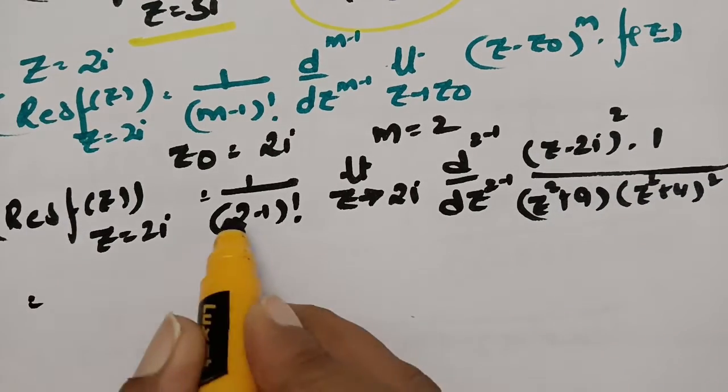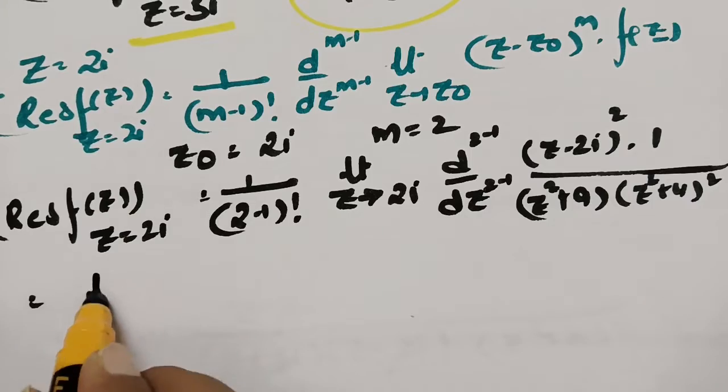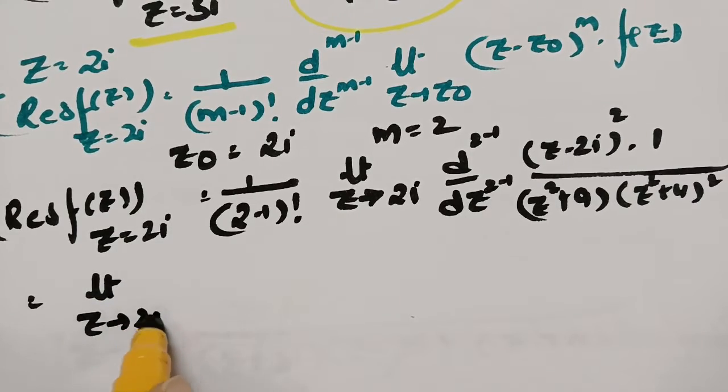And now see here, 2 - 1 is 1 factorial, and this will be limit z tends to 2i.